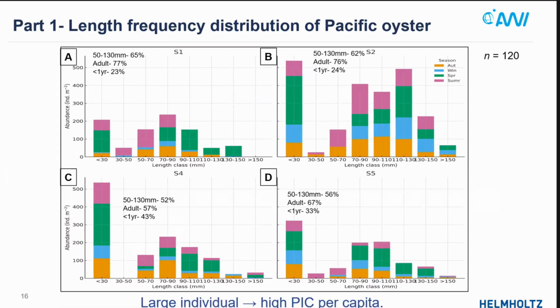Now coming to the length frequency distribution of Pacific oysters at Zult, again we see that most of the Pacific oysters were between 50 and 130 millimeters in length. So even at lower density, the larger individuals can store substantial carbonate per capita, or per individual, building a significant inorganic carbon reservoir.